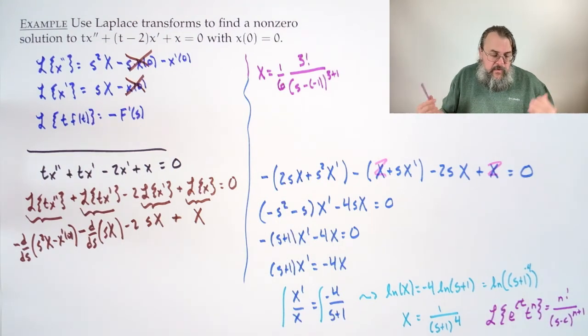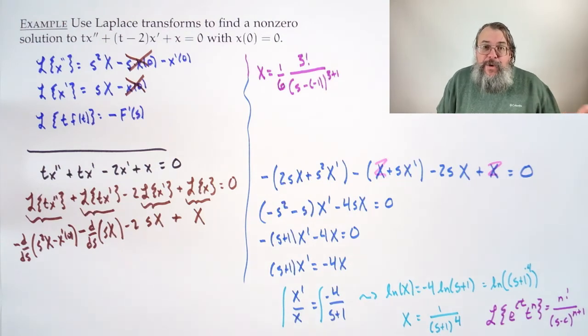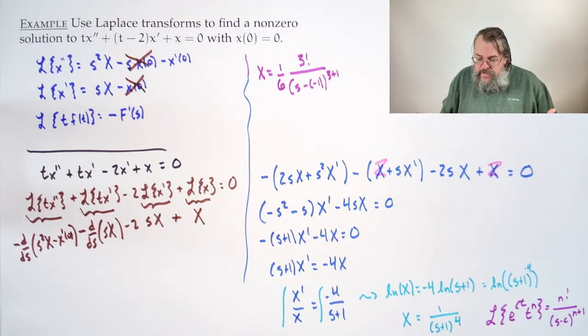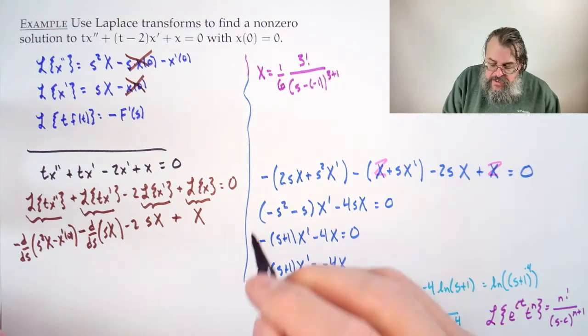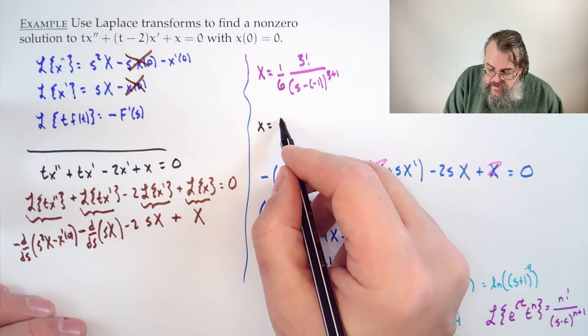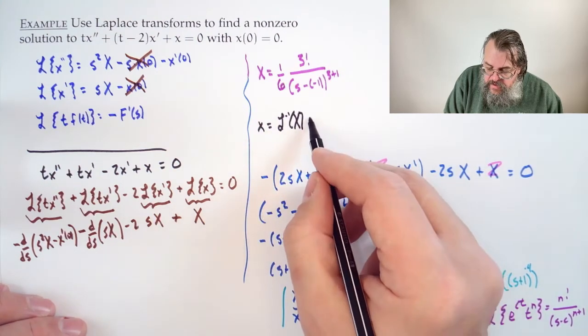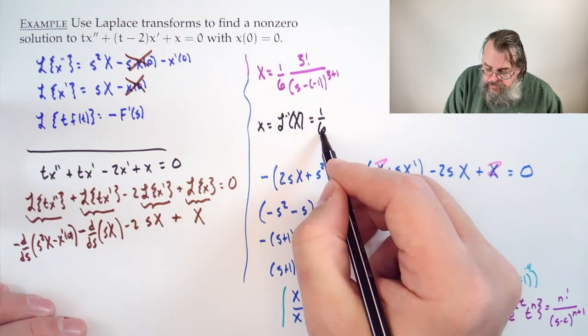Because that's oftentimes what happens when you're doing inverse Laplace transforms. You're saying, fit the mold. What does it look like? And now we're saying, perfect, take the inverse Laplace transform, and what do we get? Well, so x, which is the inverse Laplace transform of capital X, is 1 sixth.